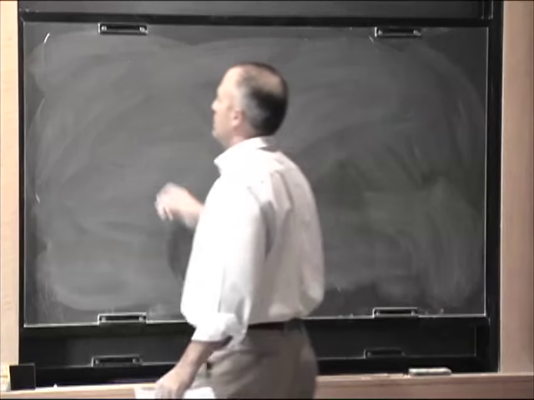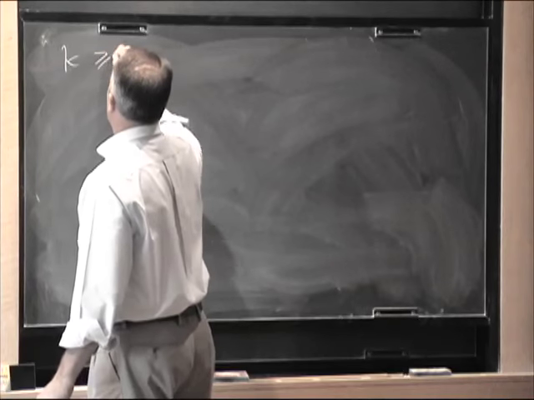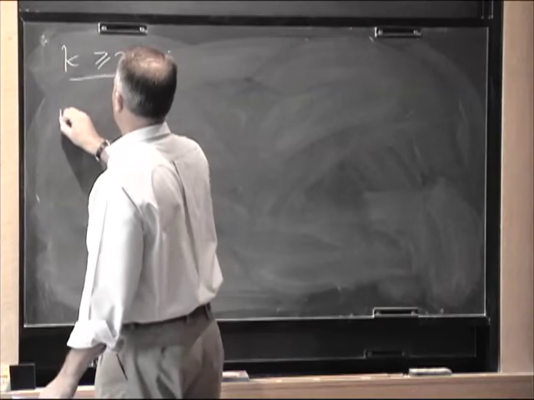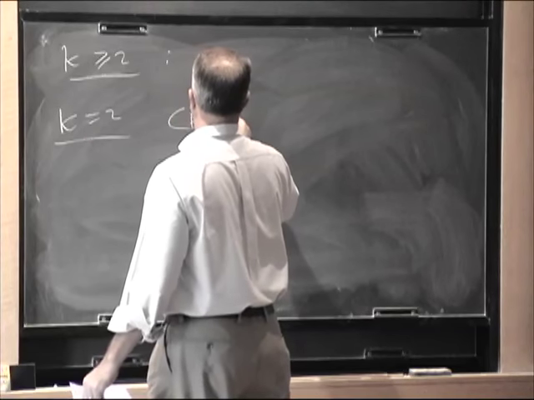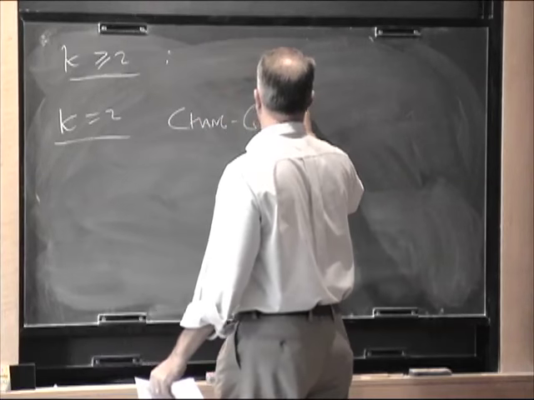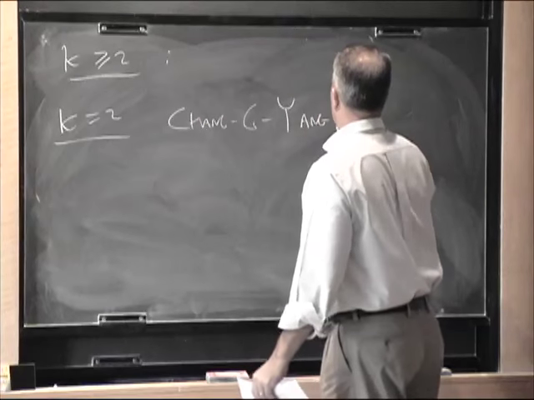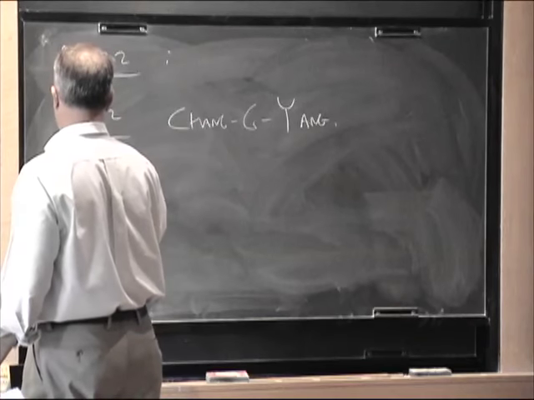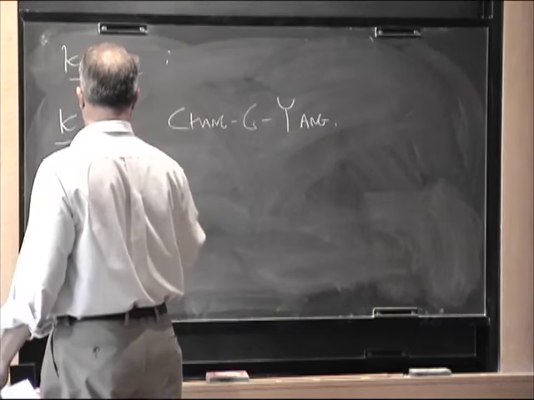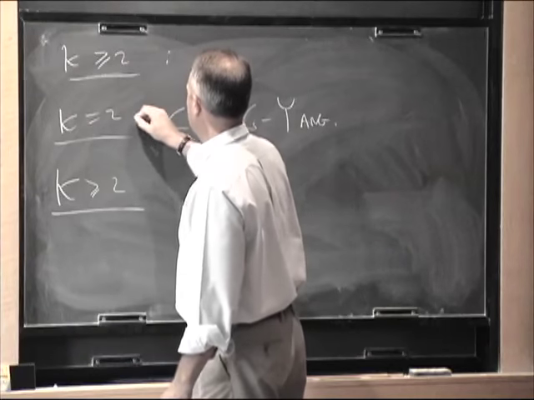So for k greater than or equal to 2, well, when k equals 2, this special case was covered a while back by myself with Alice Chang and Paul Yang, and n equal 4, I should say.